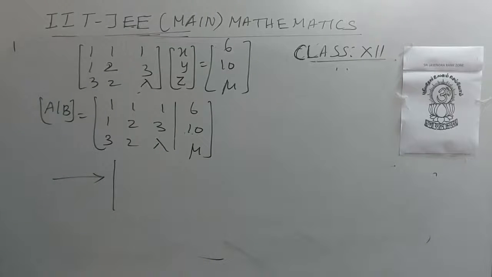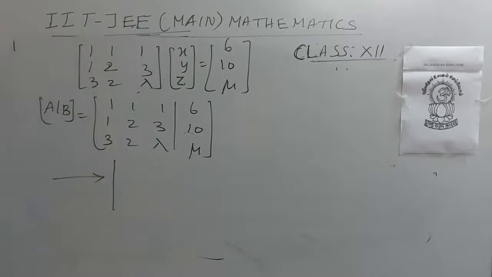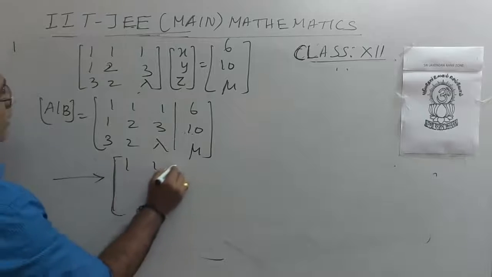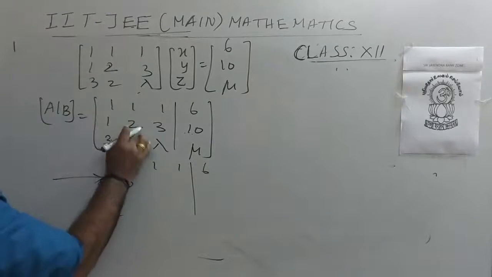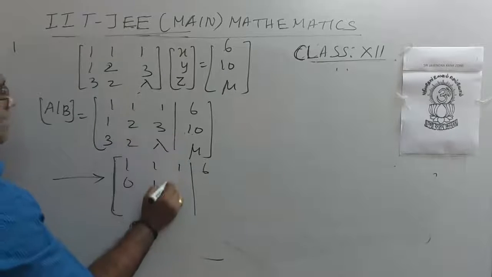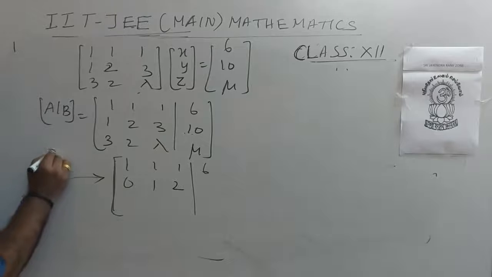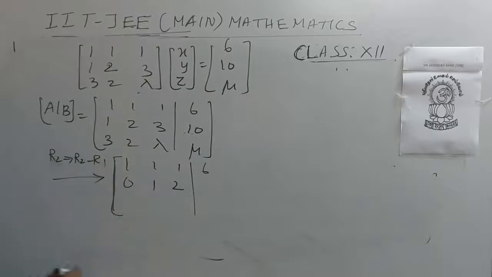That means we have to make the last row, make all elements into 0. 1, 1, 1. We take 6 as it is. 1 minus 1, 0. 2 minus 1, 1. 3 minus 1, 2. Here apply R2 implies R2 minus R1.